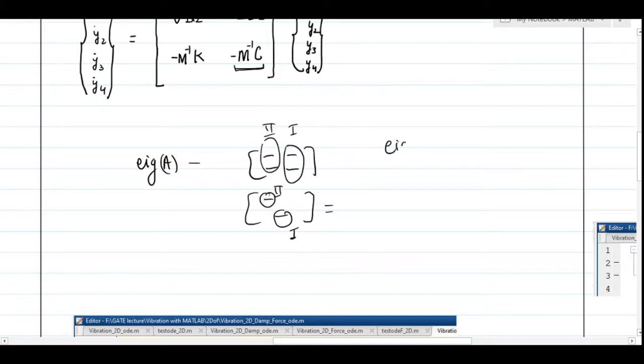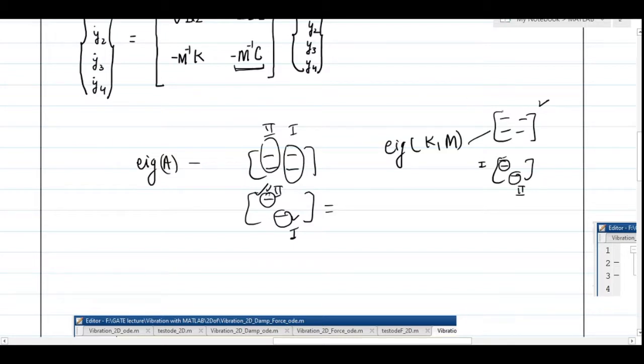On the other hand, if you apply the eig command giving simply k and m, in that case also you will get two matrices, one corresponding to eigenvectors and another corresponding to eigenvalues. But in this case, this would be your first natural frequency and this would be your second natural frequency, or you can say the square of the natural frequency. Here also you will get the square of the natural frequency, but the values will be in the opposite order. This corresponds to first, this corresponds to second.